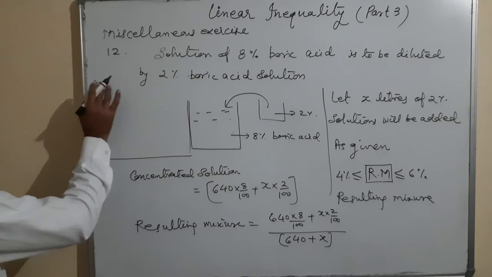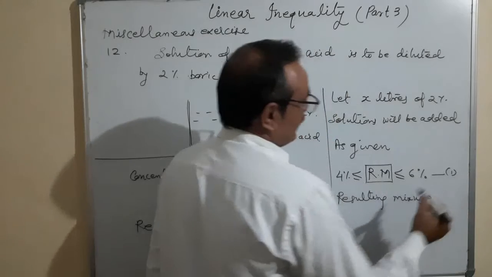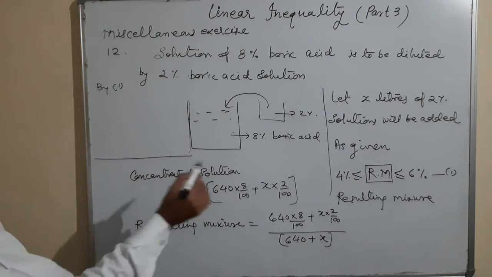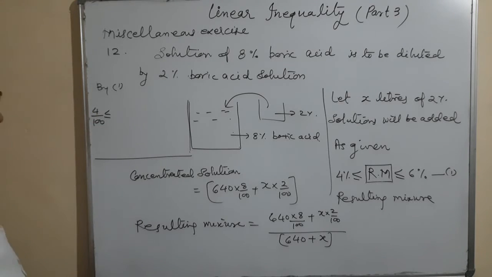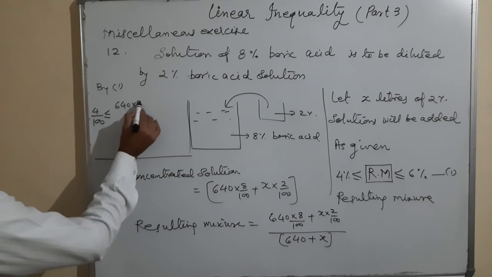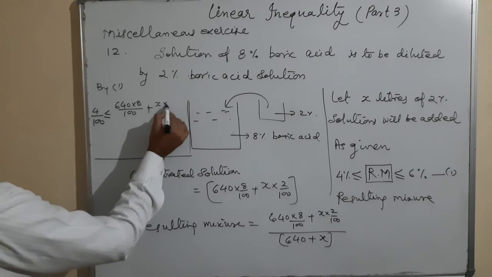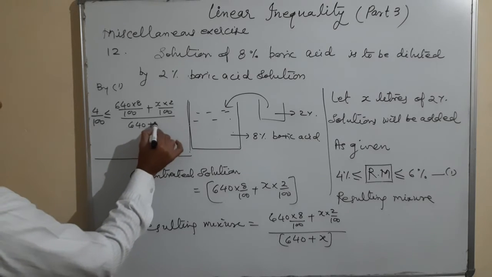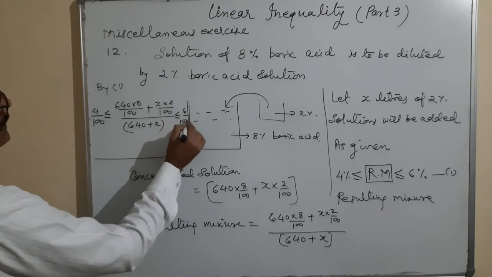As given, we have already written it here. We'll put the value one by one. So 4 upon 100 is less than or equal to the resulting mixture, 640 into 8 upon 100 plus X into 2 upon 100 upon 640 plus X, which is less than or equal to 6 upon 100.